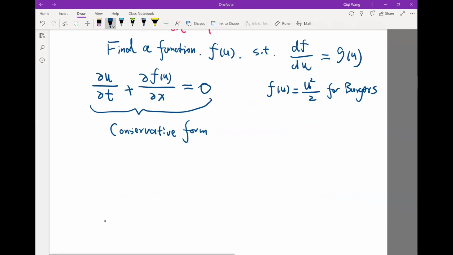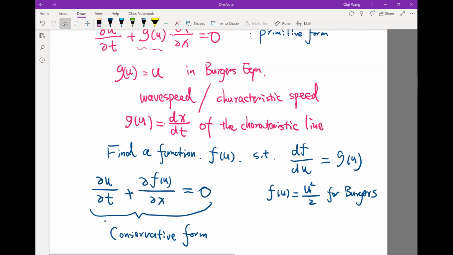It is called the conservative form because f(u) is actually the flux of the conserved variable u. If you remember, on Monday we discussed an example of traffic, u being the number of cars in a unit interval on the highway. f(u) in that case would be the number of cars passing through each point per unit amount of time. So it's the flux.